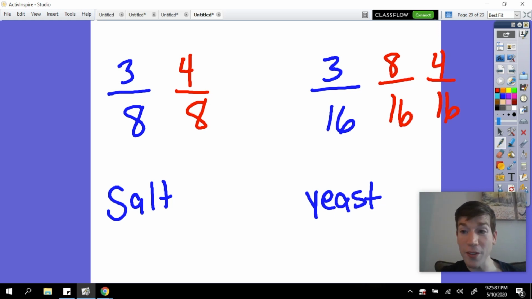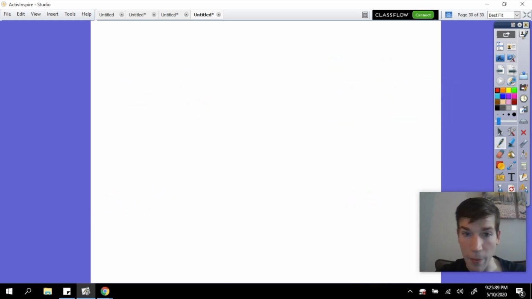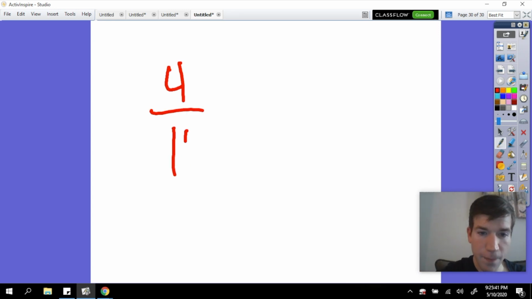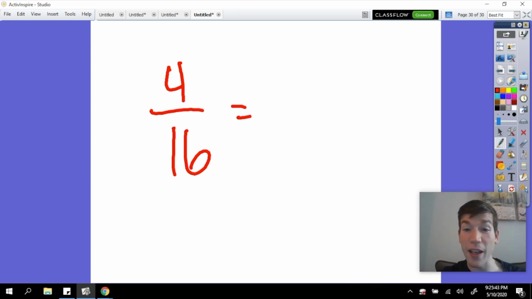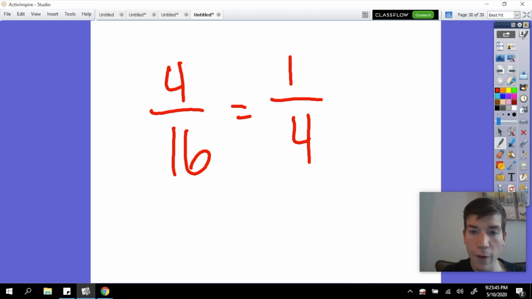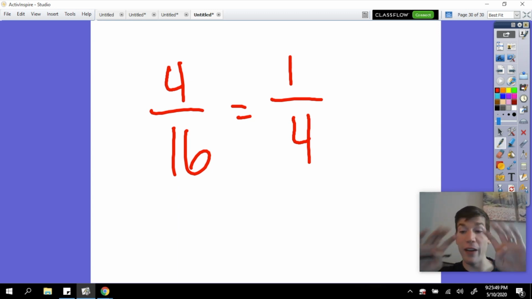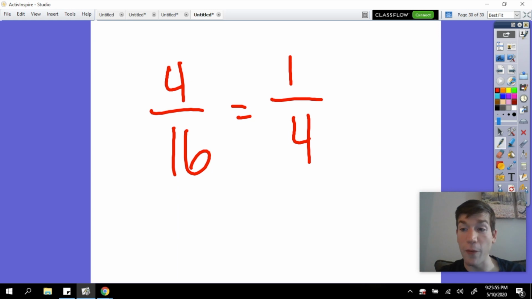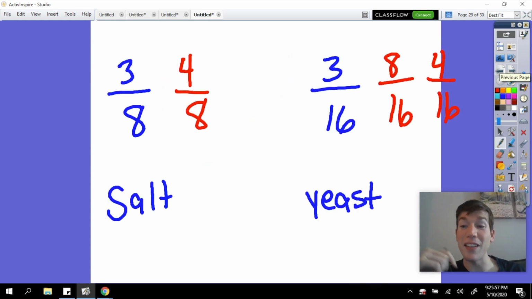Now, 4/16 is the same thing as 1/4, because if we did 4 and then 4 more, we would have 8, then 4 more, we would have 12, then 4 more, we would have 16. So 4/16 is the same as 1/4. So I'm saying that 3/16 is pretty close to a fourth. It's going to be a little bit smaller than a fourth.